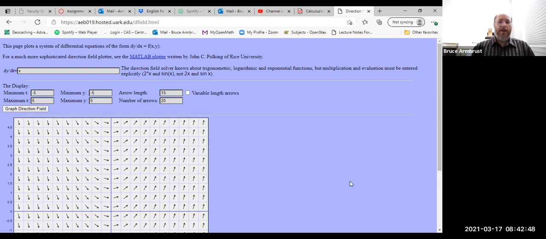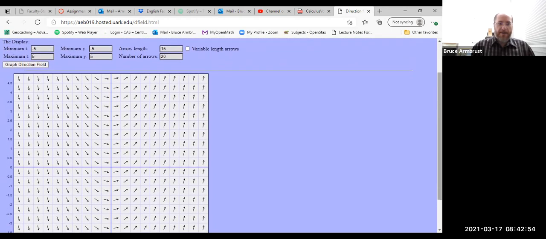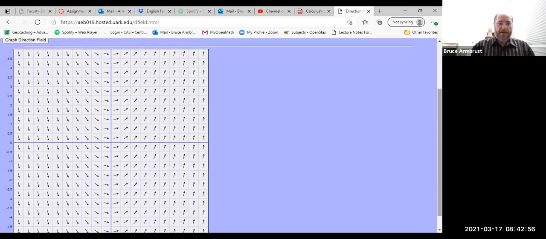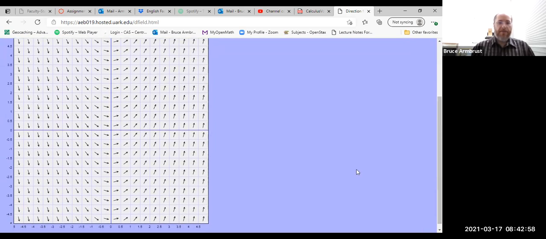So let me just scroll down a bit so we can actually see the axes here. There we go. So let's come over here, in between these two. Between 0.5 and 1 is 0.75.